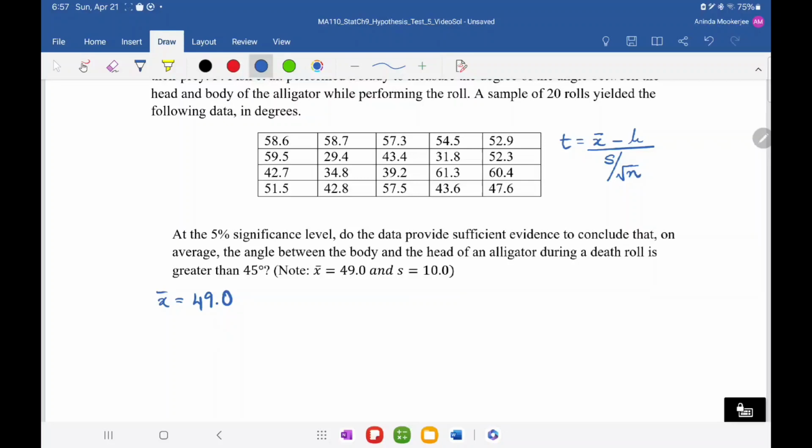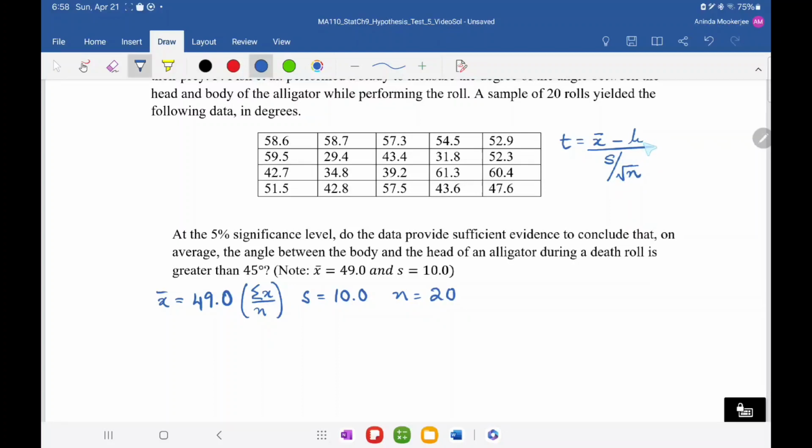This comes from the formula sigma x divided by n, but they have done the calculation for us, so we are just going to use that. Then we have S, given to us as 10.0, and n equals 20. Now we have to find the mu.